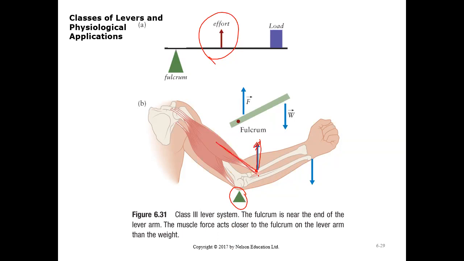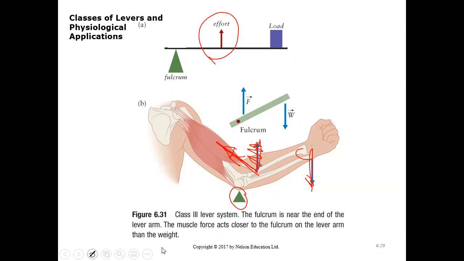The muscle. So it is this direction. The muscle force is like that. And the weight of the arm is on the other side. And the fulcrum is on one side. This is class 3, okay, tendons.